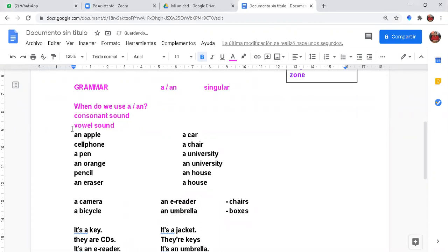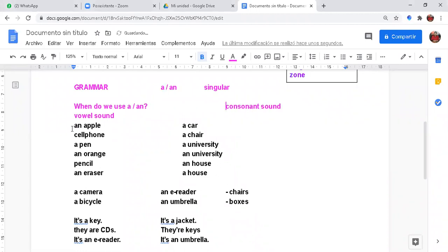It says, I don't know if it was Rodrigo, consonant sound, okay? Before a consonant sound, a. We use it before a consonant sound. A consonant sound means that you have to obey, obedecer, a consonant sound.